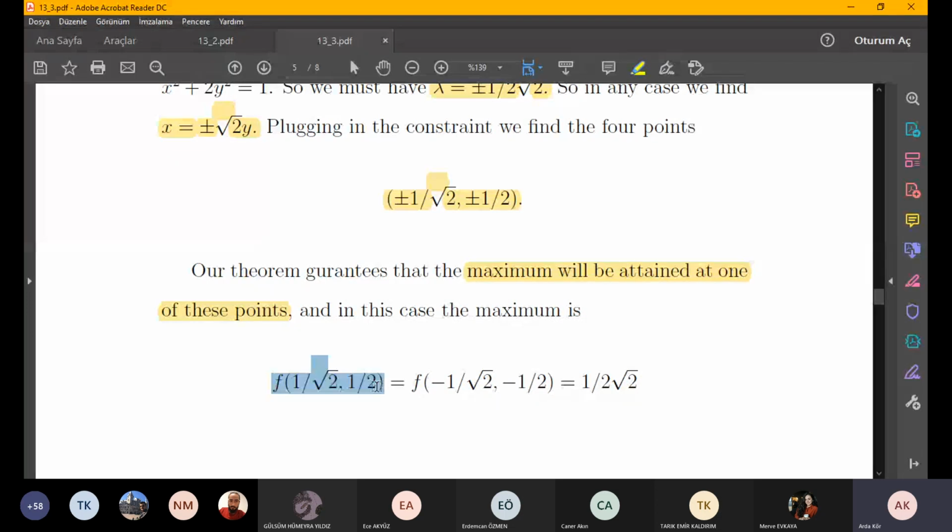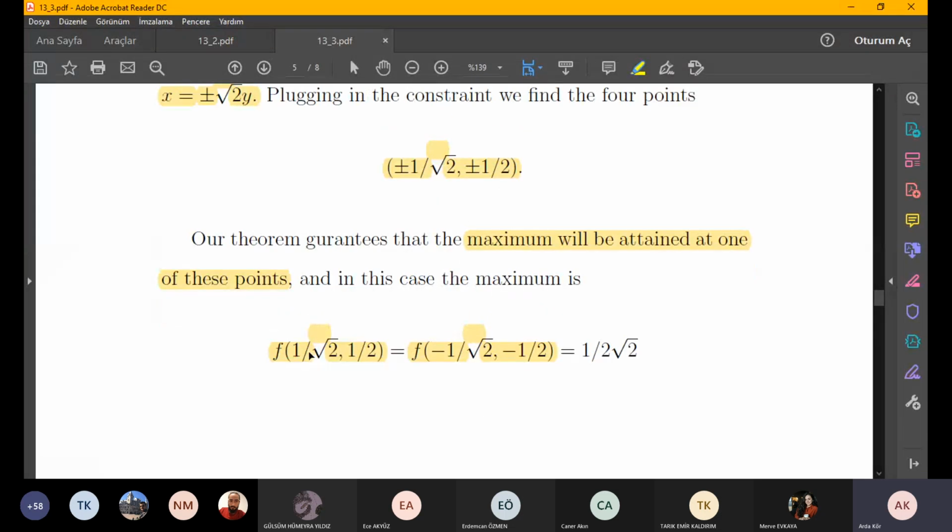And if we do that, we can see at point 1 over square root of 2, 1 over 2, and at minus 1 over square root of 2, minus 1 over 2, the function gets its absolute maximum value, which is 1 over 2 square root of 2.